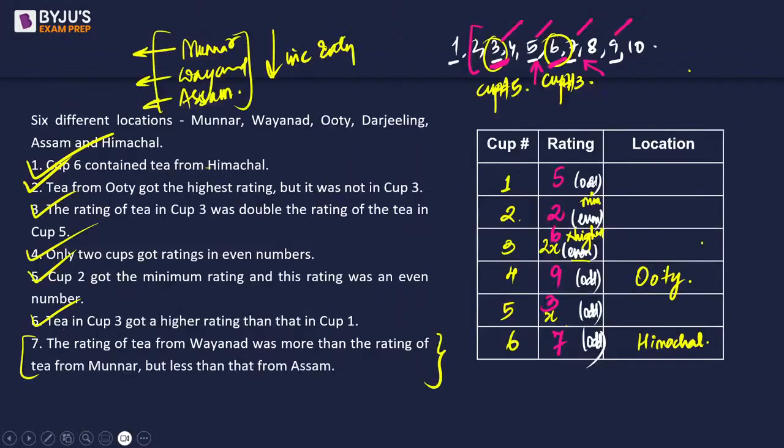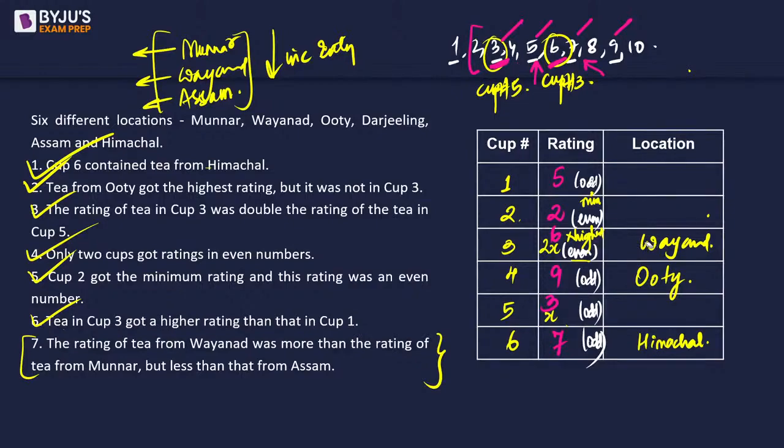Wayanad and Ooty. So if Ooty is 4, there are two possibilities. This could be Wayanad. If 3 is Wayanad, then 2 is going to be Munnar. No, it's not possible, right? Because if 6 is Wayanad, then we need a rating more than 6, which is not available.